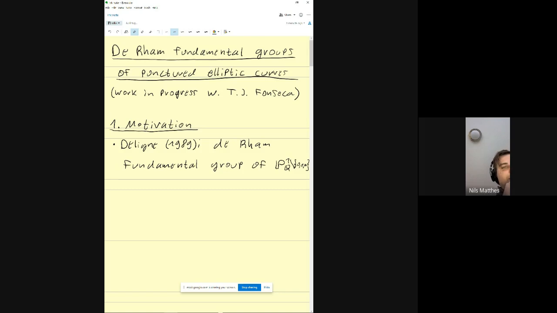And in fact, he not only introduced the de Rham fundamental group of P1 minus 3 points, but he introduced something more general that's called the motivic fundamental group of the projective line minus 3 points. And the de Rham fundamental group is its de Rham realization. So it's constructed in this formalism of motives due to Grothendieck.